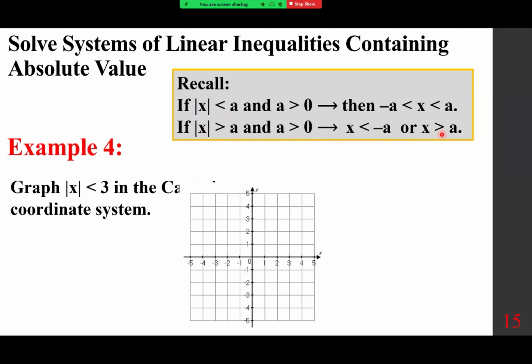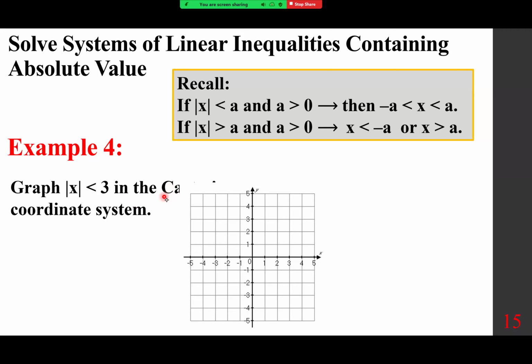So for example, if you want to graph the absolute value of x less than 3, what happens here? Of course, we want to graph this in a Cartesian coordinate system. This is a Cartesian coordinate system, everybody.